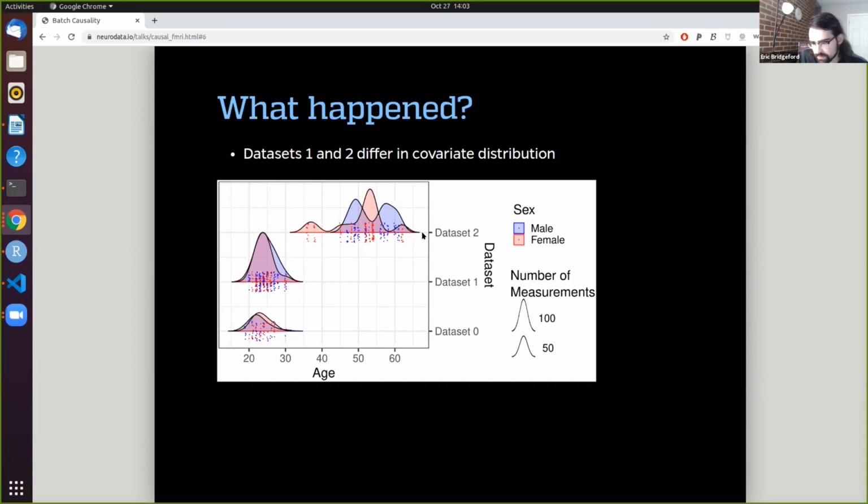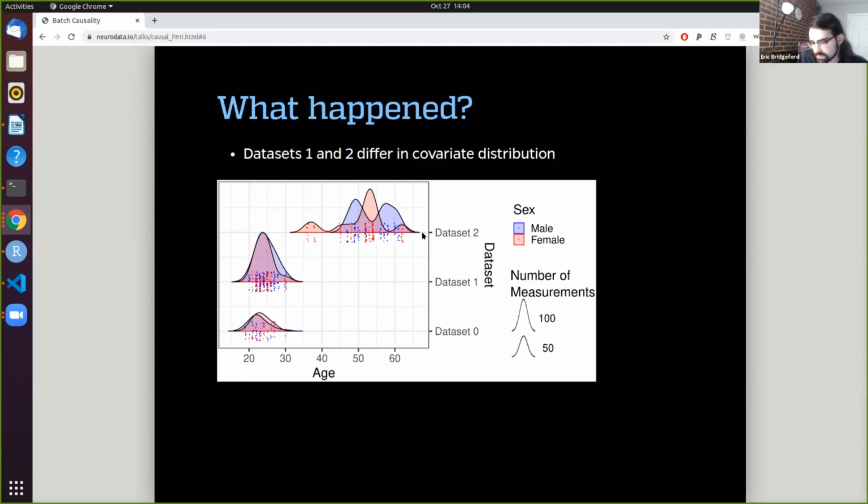Basically the problem here was that in data set 1 and data set 2, the two data sets differed by an order of magnitude in the age, sex, and racial composition of the individuals, as well as a number of other factors, which we basically term our signal-producing covariates.